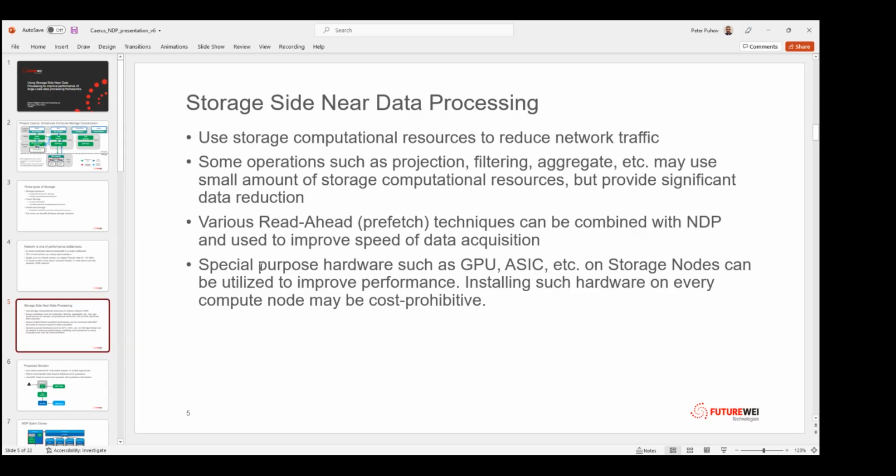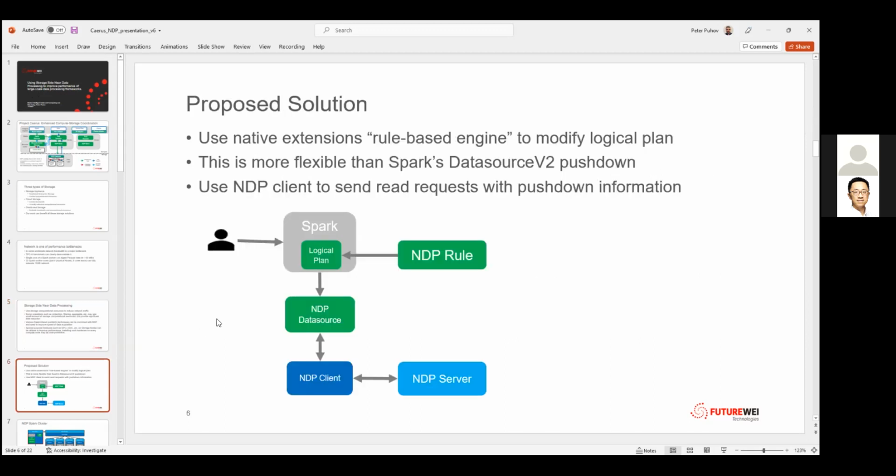But installing such expensive hardware on every compute node may just be expensive. We may like to have each compute node have the latest version of NVIDIA GPU, but it may not be practical from the price point of view.